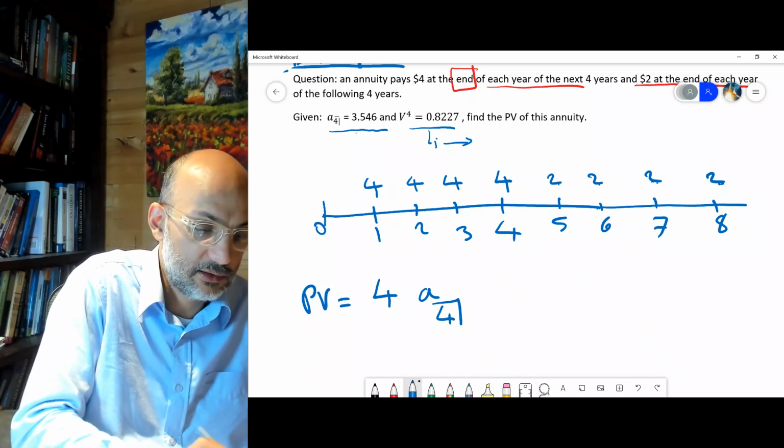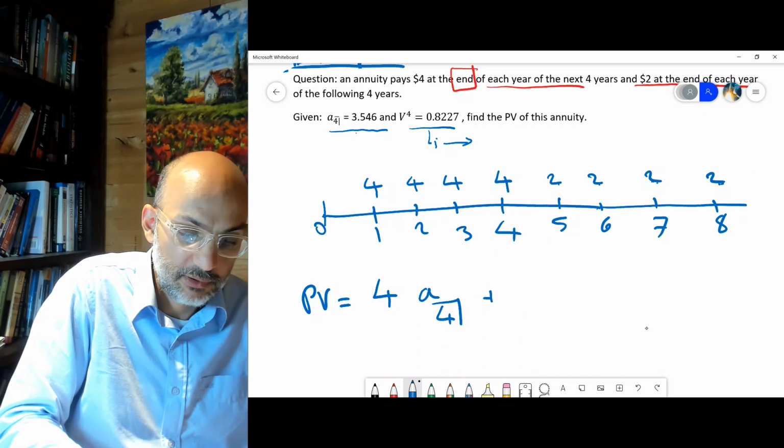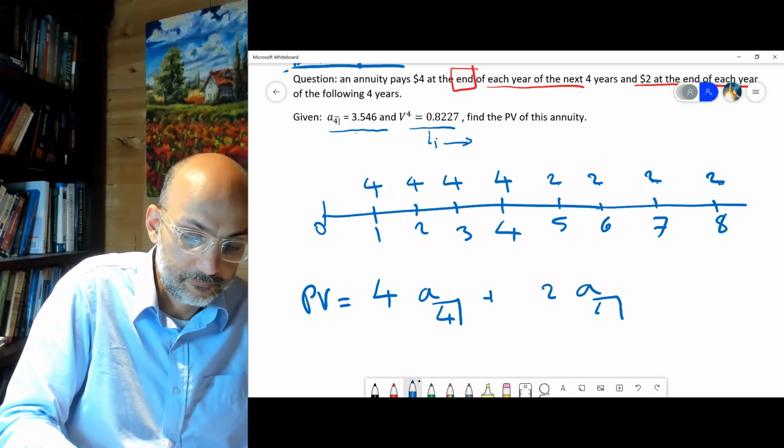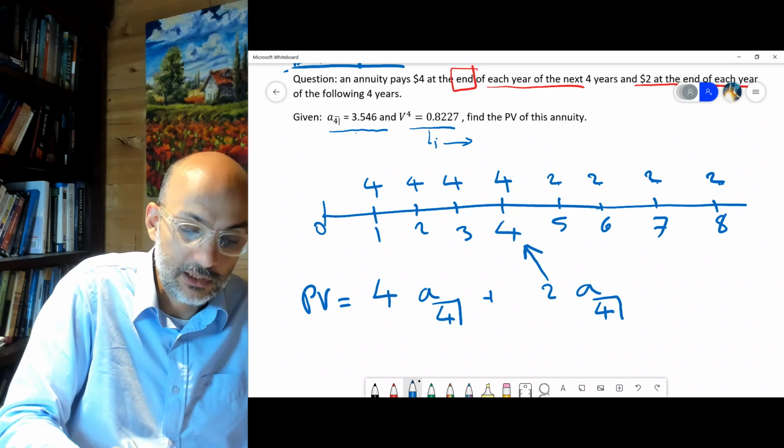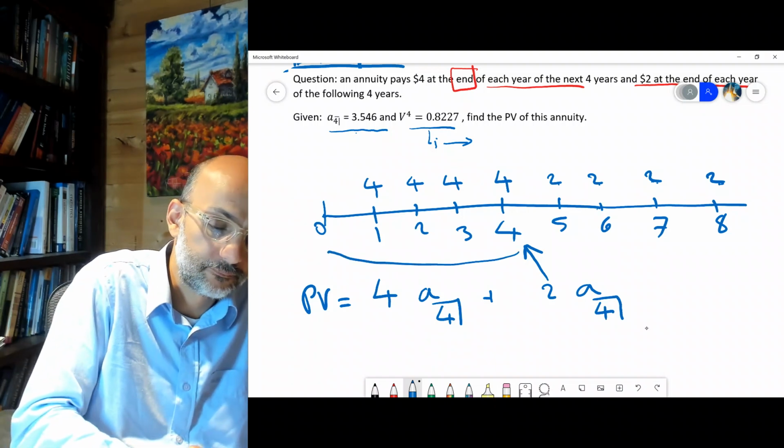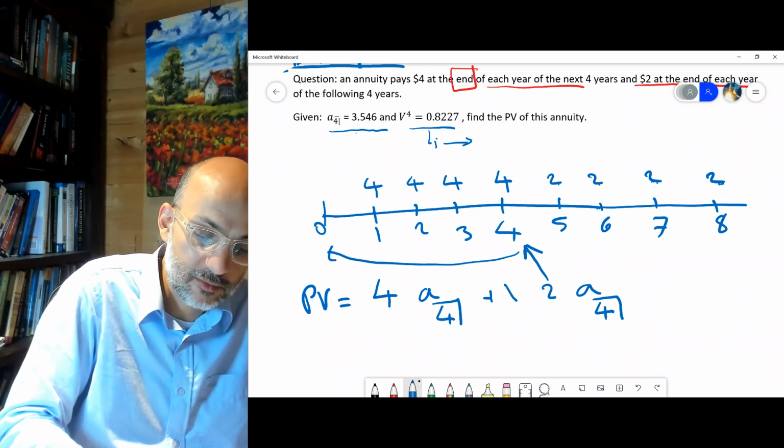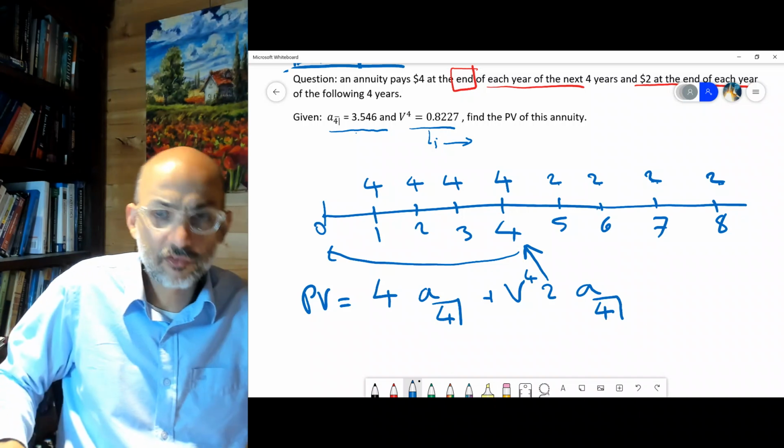Then plus 2 with another a angle 4. But this 2 is here, and we need to bring it back to here. How we bring it back is simply with v^4, right? It's so simple.